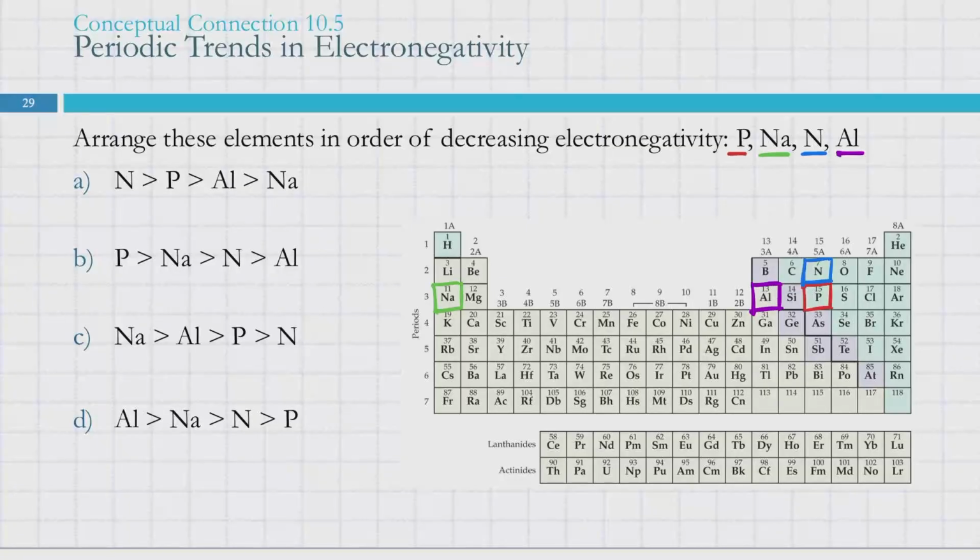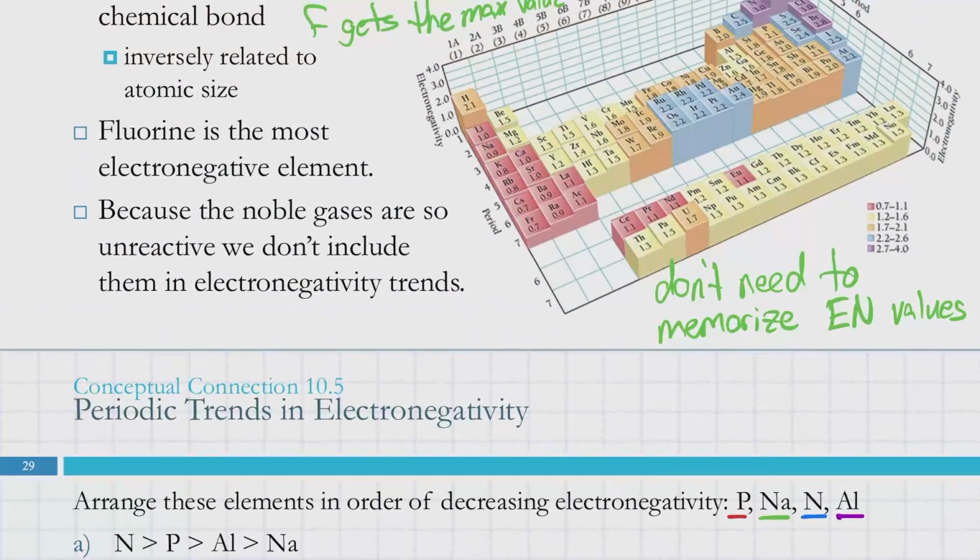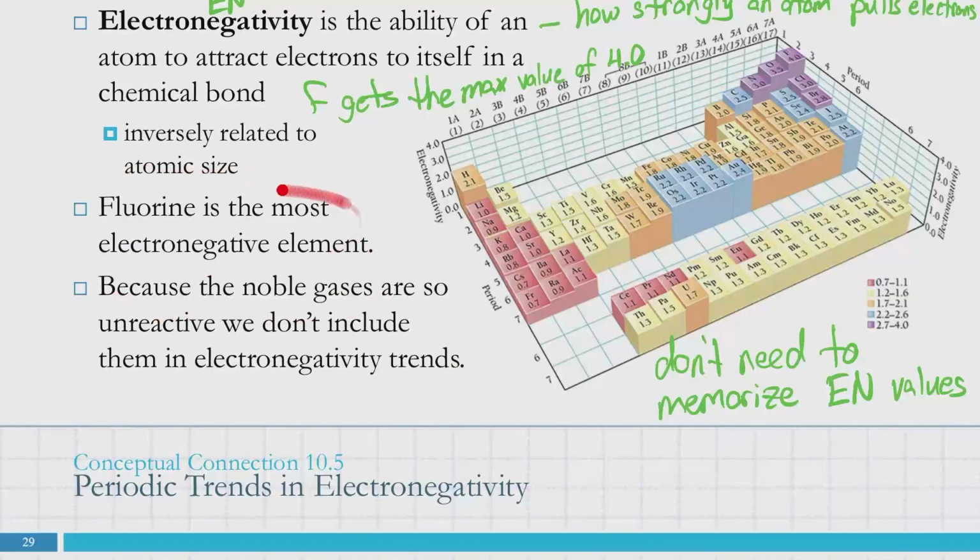Where's our highest electronegativity value on the periodic table? It's fluorine. So it is the halogens. It's all the way to the right. It's also as high up as you can go.